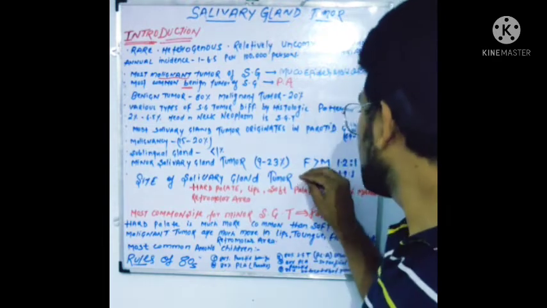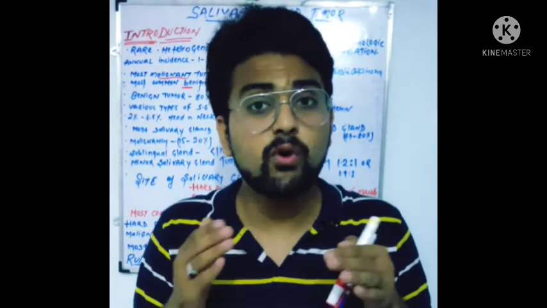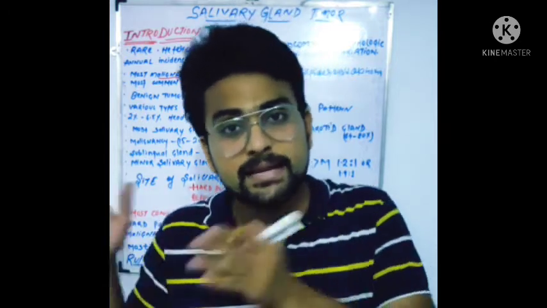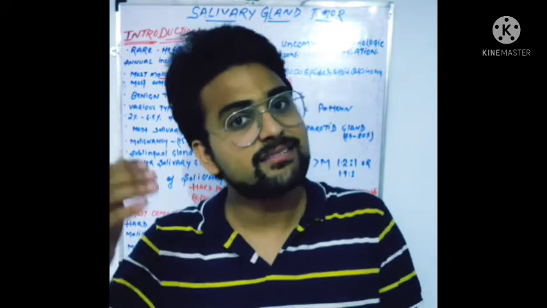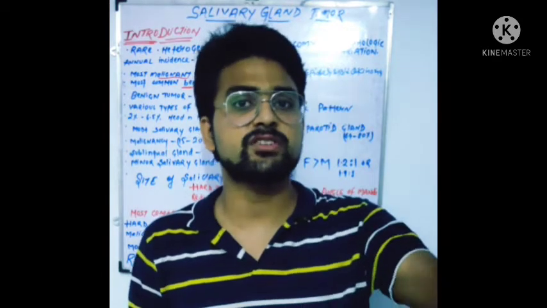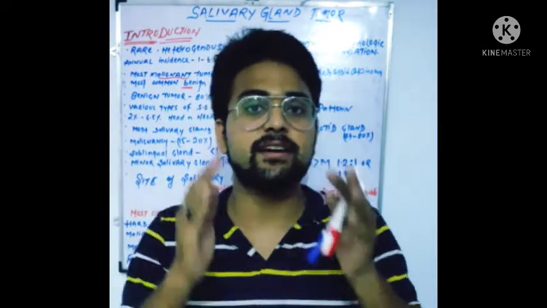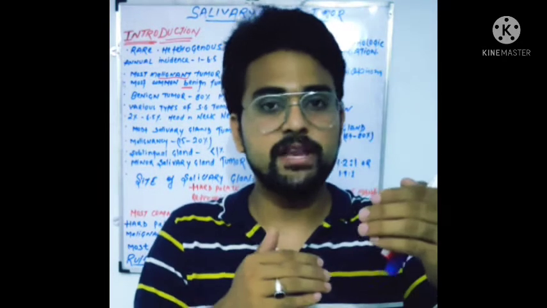One more important thing: females are more commonly affected with minor salivary gland tumors, with a ratio of approximately 1.2 to 1. Means 1.2 to 1 is the ratio, so females are more commonly affected.